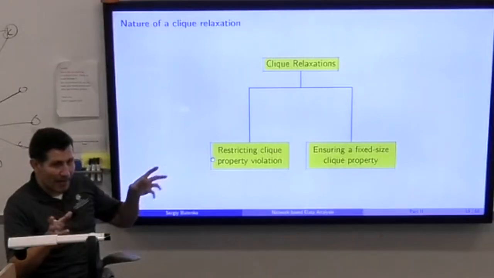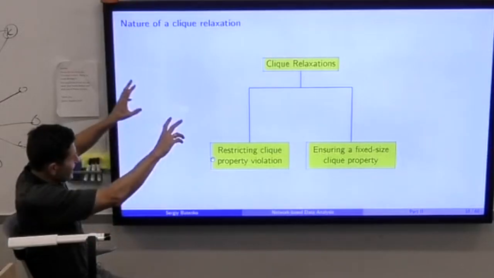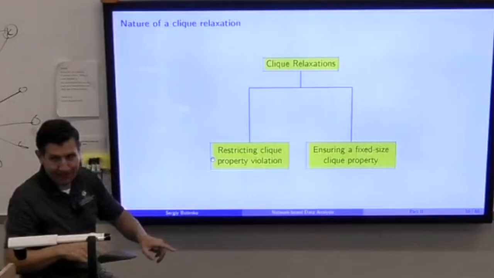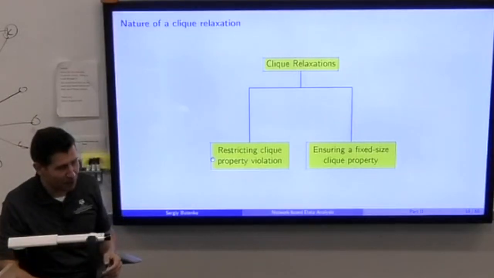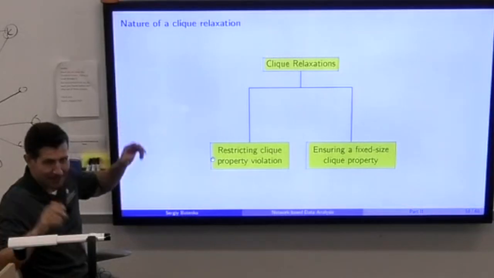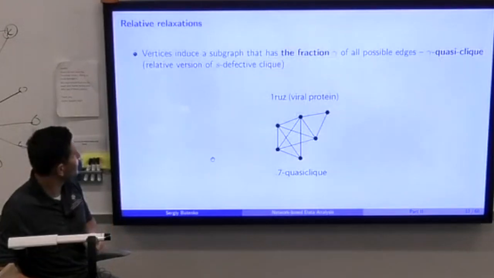Okay, to summarize what we have so far in this taxonomy, we have these clique relaxations. There are two types of rules that we are applying, right? So we already reproduced a good chunk of the definitions that we listed on that jungle slide, but not all of them yet. So let's see what remains.